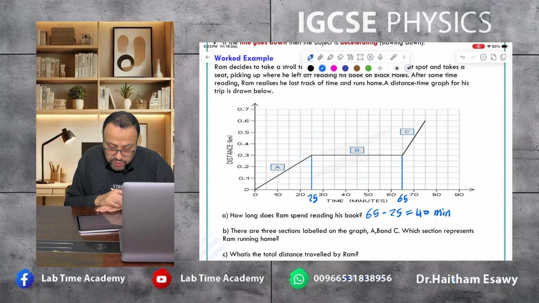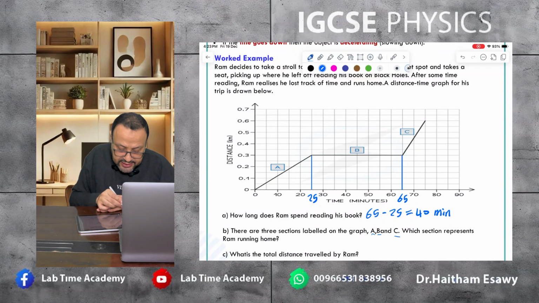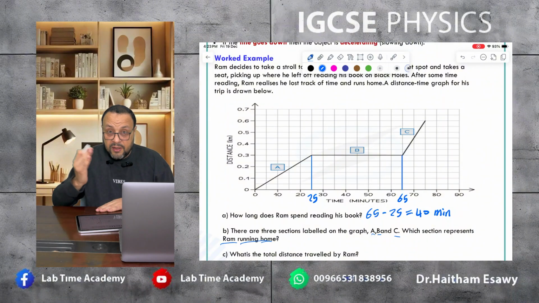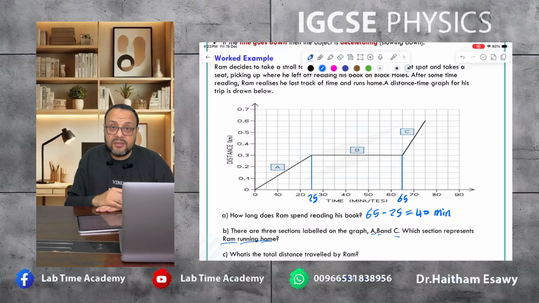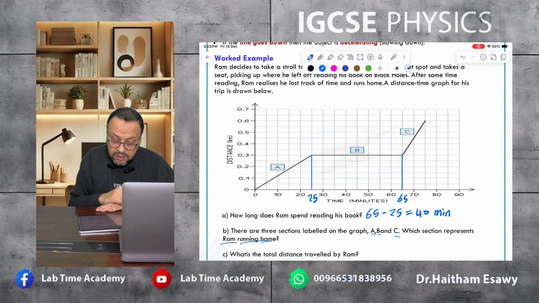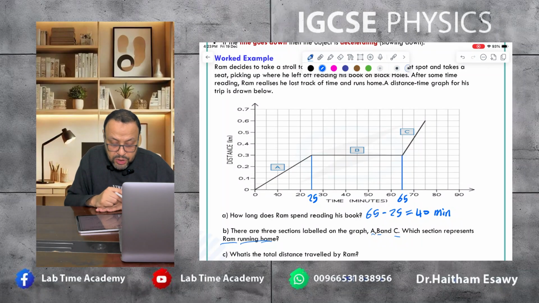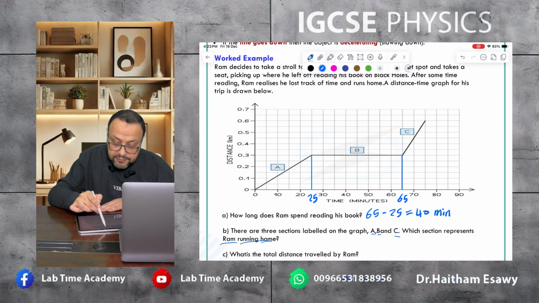B. There are three sections labeled on the graph, A, B, and C. Which section represents Ram running home? Running means faster, higher speed, steeper line. So we have to search for the steeper line. We have A, B, and C. Actually, we have A and C. But which one is steeper, as we said?